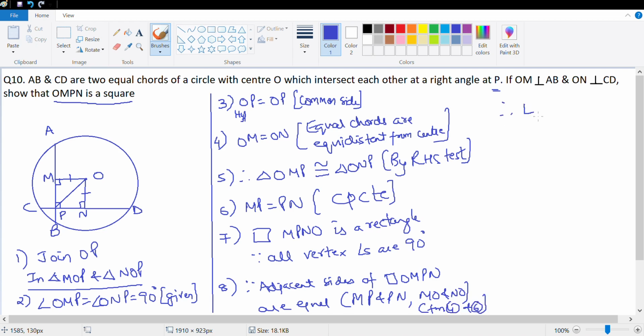Therefore, rectangle OMPN is a square because the square has adjacent sides equal and has all angles as 90 degree. Adjacent sides equal, all angles 90 degree. This is a square. Good, that finishes this exercise for me.